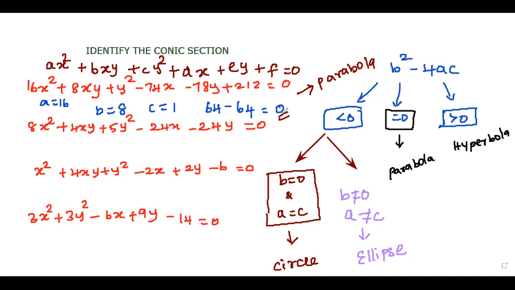Okay, I'll try the second one. So A is going to be, B is 4, and C is equal to 0.